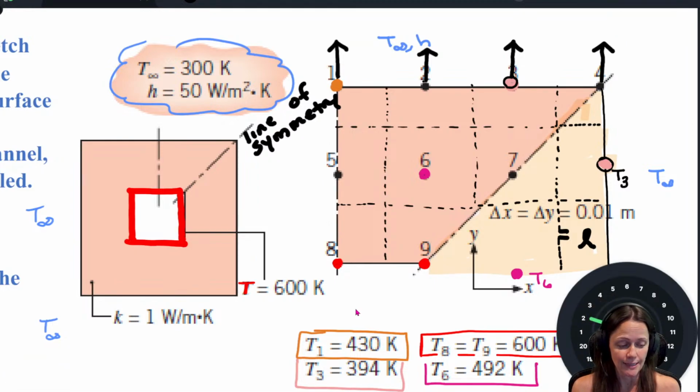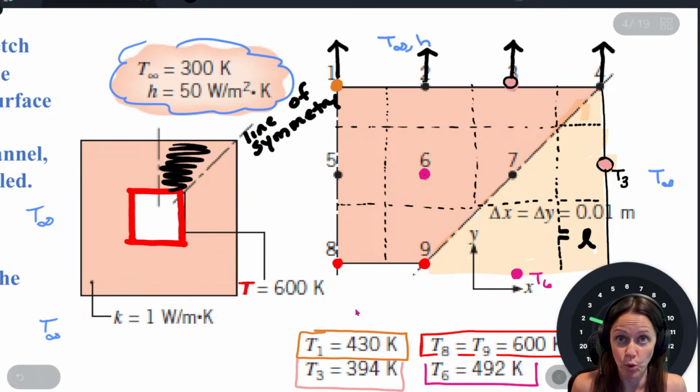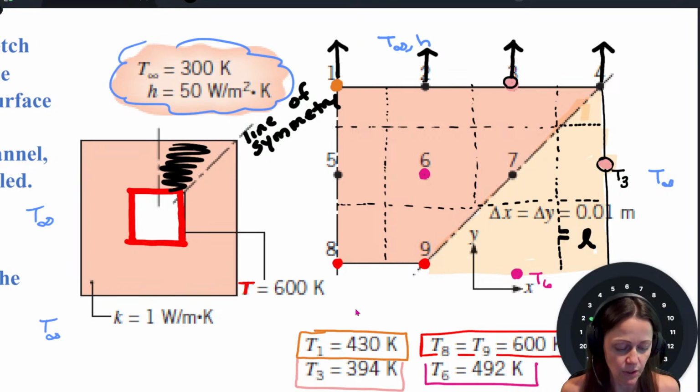And I realize, yes, I also have it on the other side, going out to the right. However, I'm just going to remember that this little chunk that they originally drew, if I figured out the temperature distribution from that one little chunk, I figured it out for the rest of it.